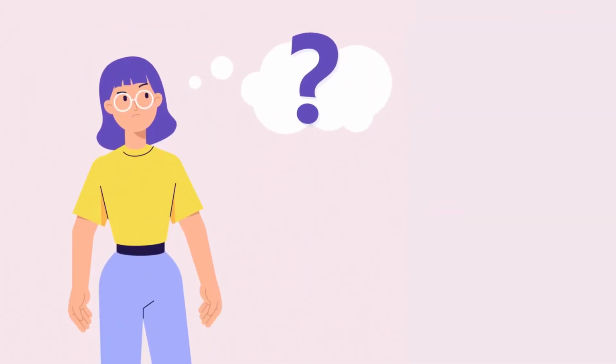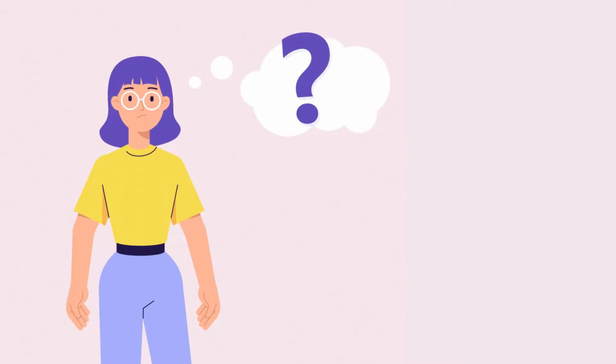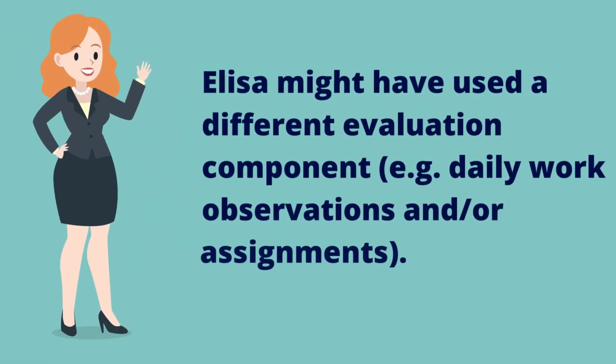Angela interrupts and asks if it is okay not to include certain objectives in your planning and test design. Well, replies Colin, it is not advisable for Elisa to eliminate objectives from the units. But in this example, Elisa probably used a different evaluation component to assess objectives R1 and W2, as in daily work observations and/or assignments.